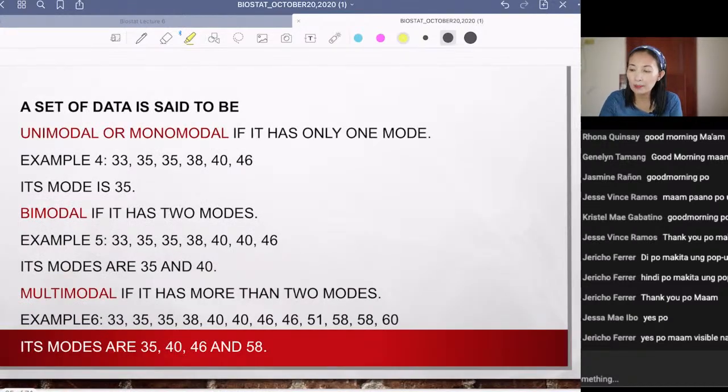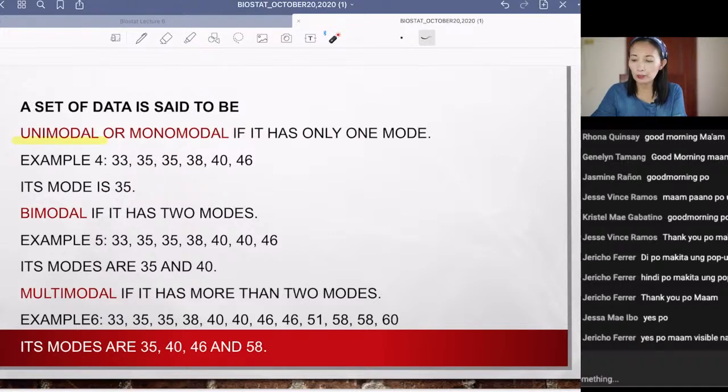If there is only one mode, we call it unimodal or monomodal. For example, 33, 35, 35, 38, 40, 46. The mode is 35, there is only one value, and it's unimodal.